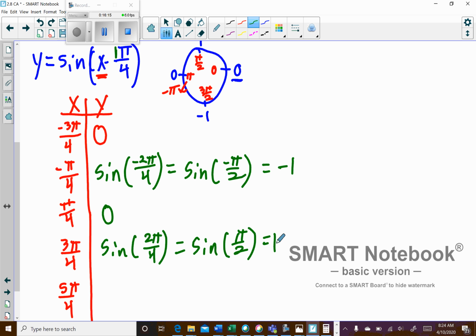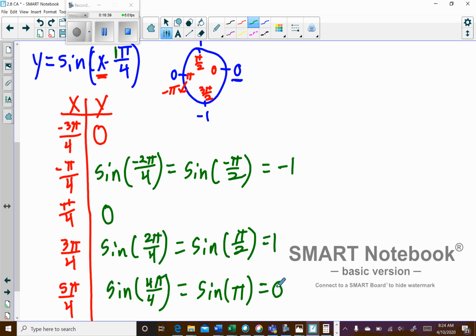And then 5 pi over 4, you're going to plug that in, subtract off 1. So that would leave you with sine of 4 pi over 4. The 4's cancel out, so you get sine of pi, which would take you to 0.